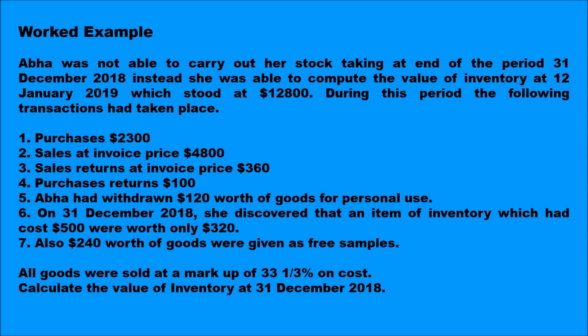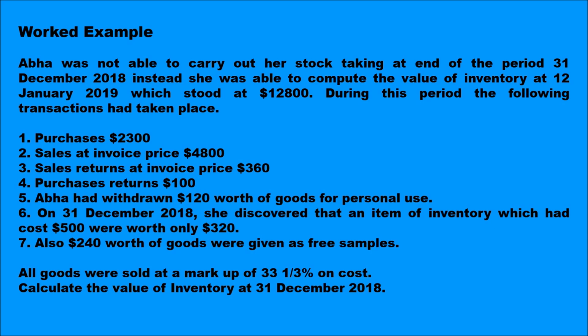Let us look at a worked example. Abba was not able to carry out her stock taking at the end of the period, 31st December 2018. Instead, she was able to compute the value of inventory at 12th January 2019, which stood at $12,800. Clearly, we can see there are two dates, and inventory has been given on 12th January 2019.